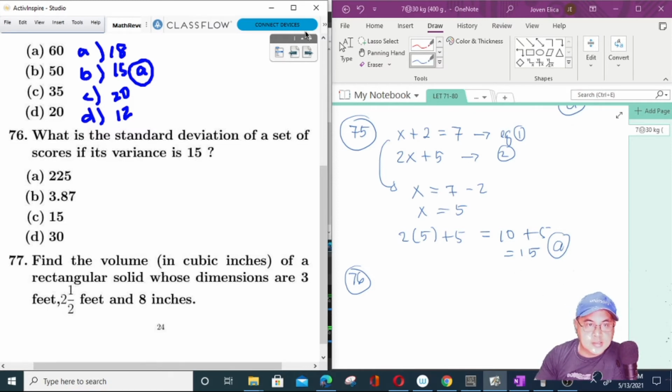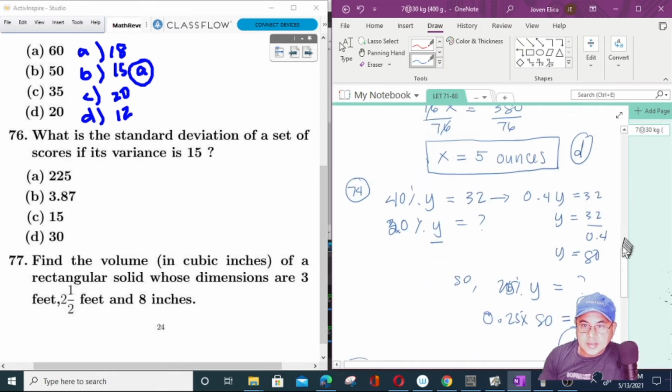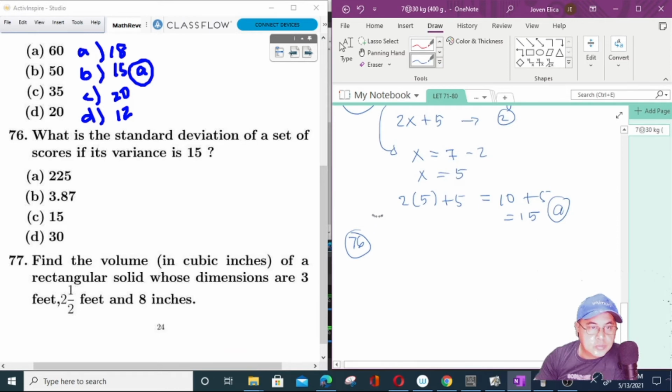So this is statistics. You need to know the formula of the standard deviation. When we recall the variance and standard deviation, these are the measures that indicate how much the values of a set of data deviate or spread out from the mean.